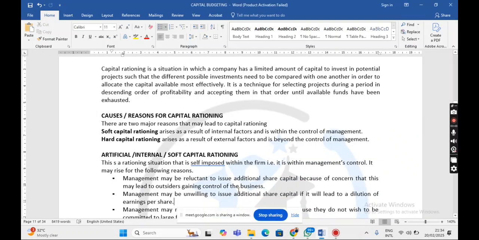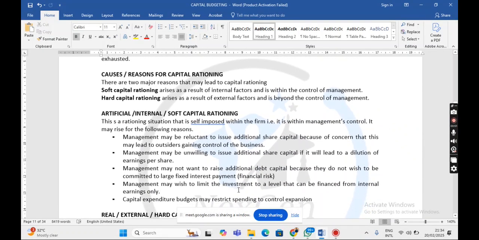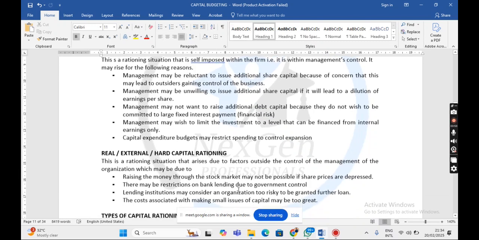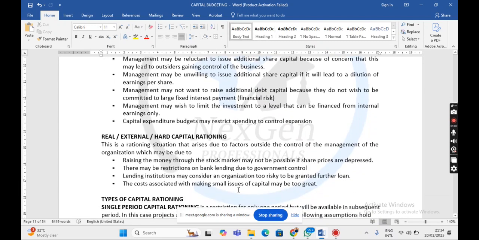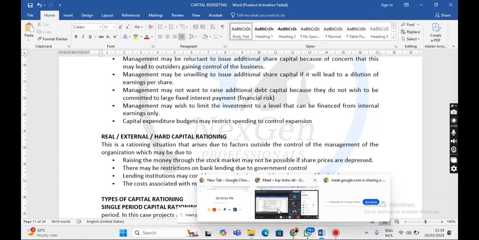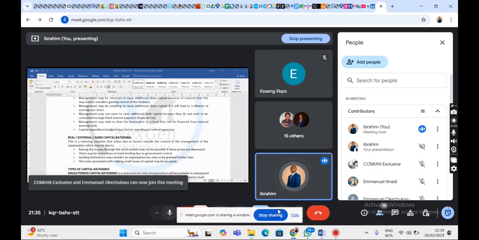So we can see the internal factor is caused by the management, the external factor, the inflation. There may be a restriction on bank lending due to government control, right? You don't have enough money and you need to finance this positive NPV.